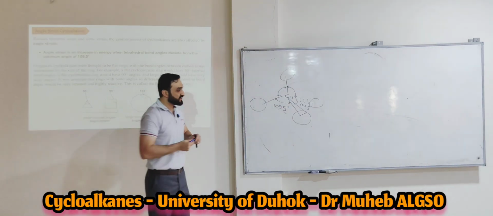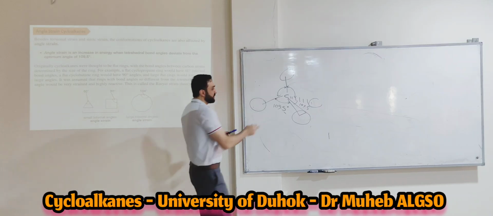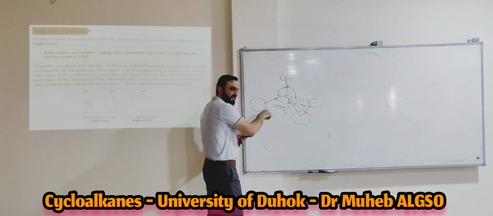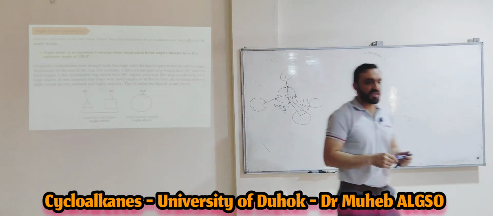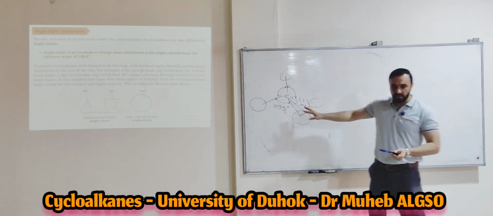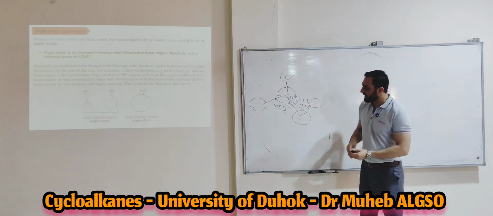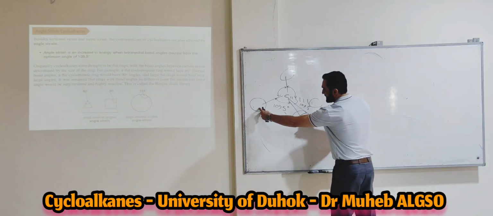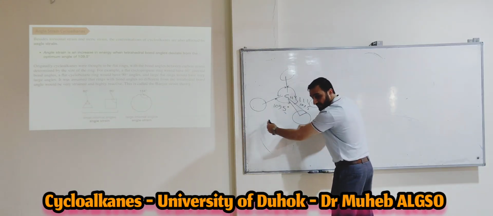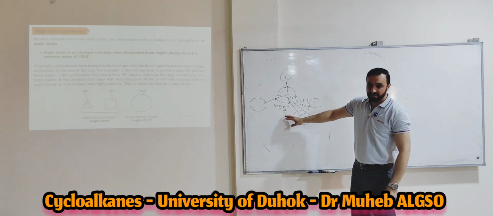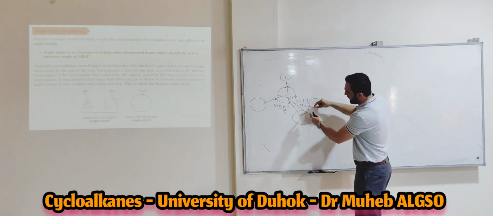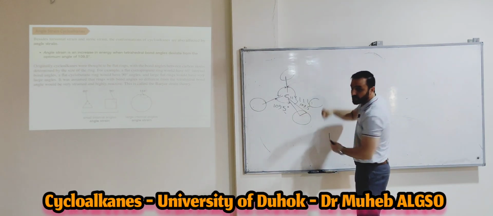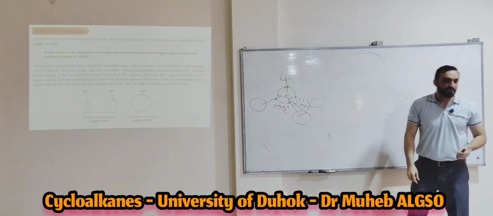Okay. Any change to increase or decrease this number will change the stability of the compound. That means if I make this and this closer, it will decrease the stability of the compound.